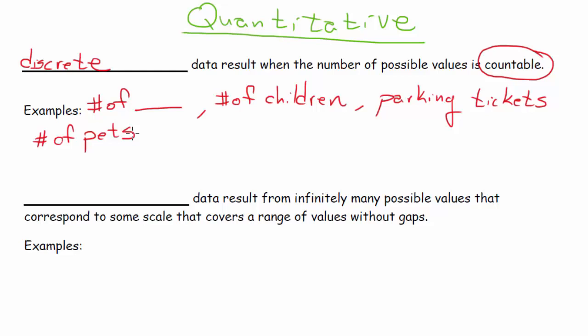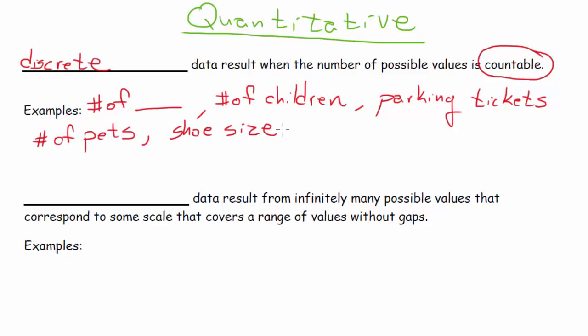Students oftentimes want to generalize this and say, well, it has to be a whole number. Well, that'll work about 95% of the time. If it's a whole number, it's discrete because I can count how many. But let me give you an example. Shoe size.